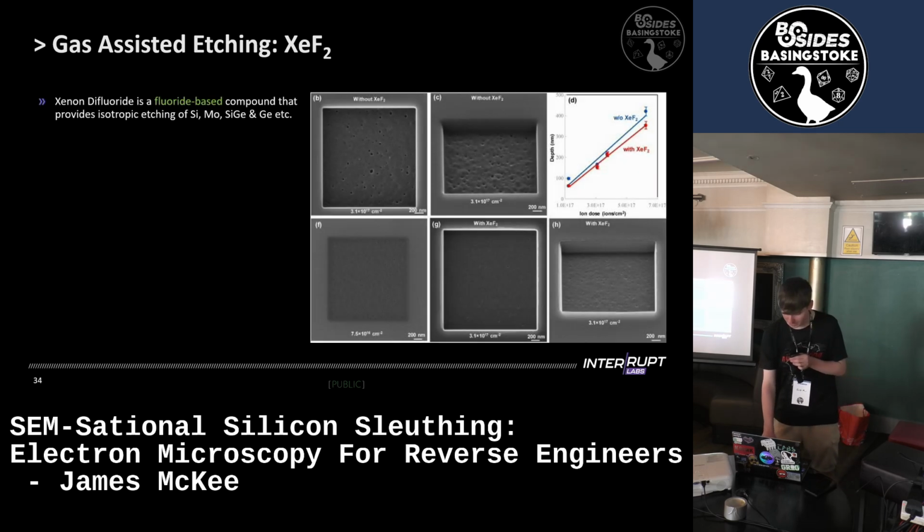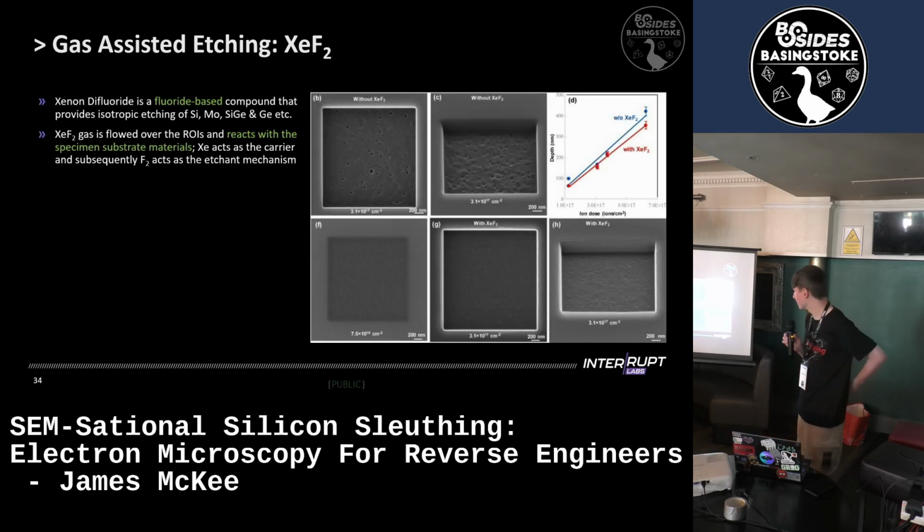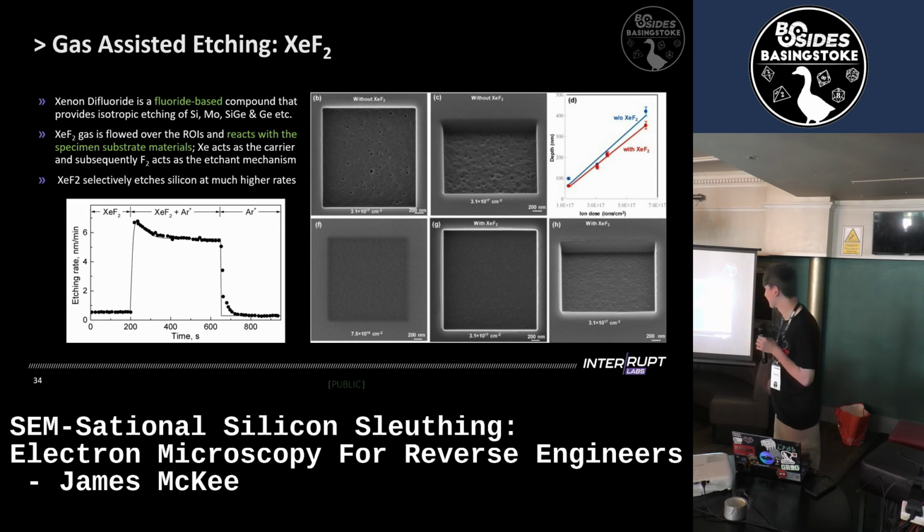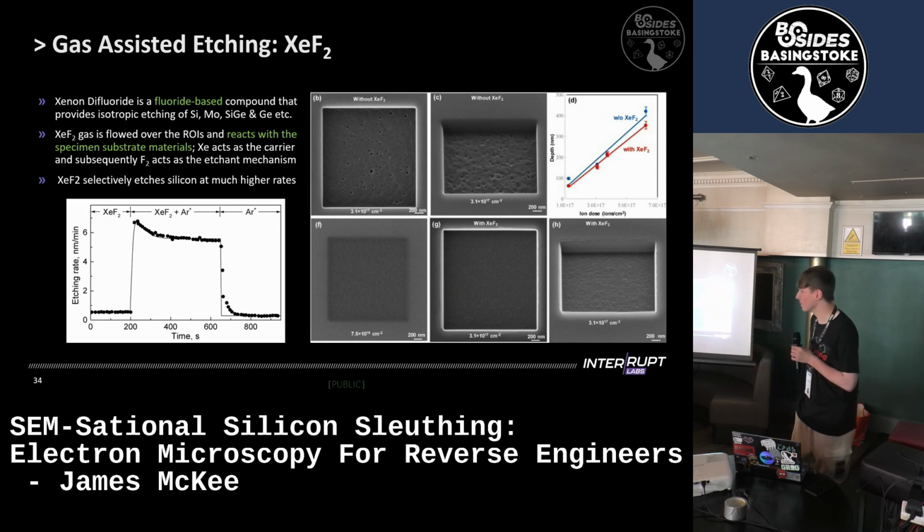The big one as well is xenon difluoride, a particular gas, which increases the etch rate exponentially, particularly for silicon, which is quite useful for us as semiconductor reverse engineers. It selectively etches silicon, at a rate quite a bit higher than normal. What you're trying to optimize here is how much time you need to rent on a FIB versus what it costs, and the fluoride usually wins out as the better option.